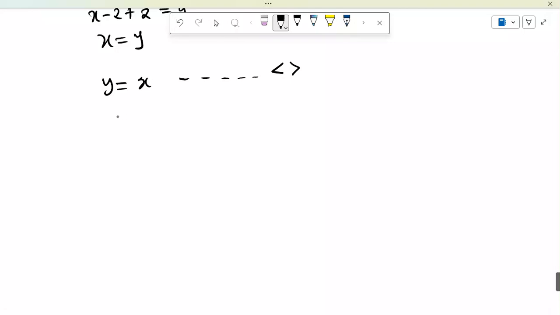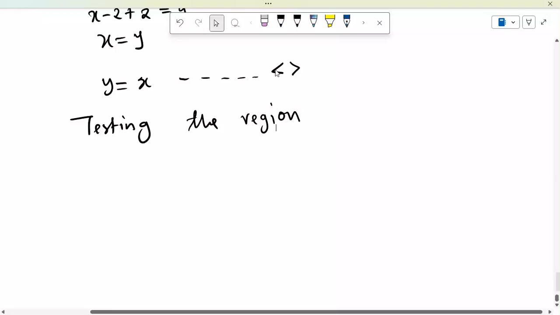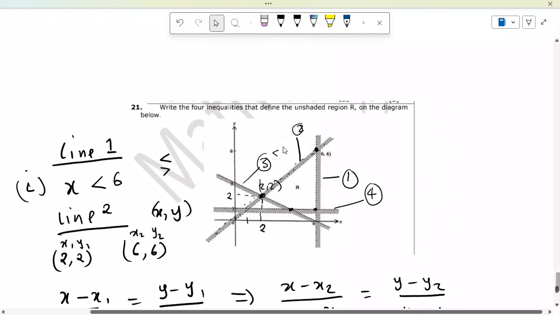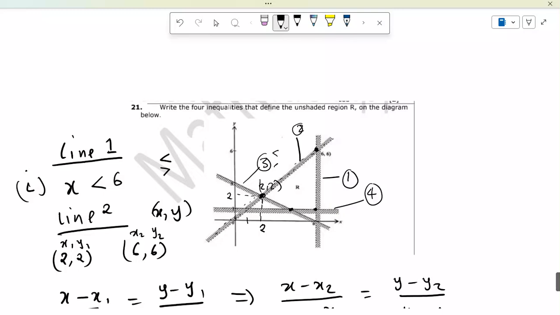We come now to testing the region. So you pick a coordinate, for us to know whether it is greater than or less than. This is a line, so you pick a coordinate on this side or inside here. Picking inside this looks easy because here the numbers are big.